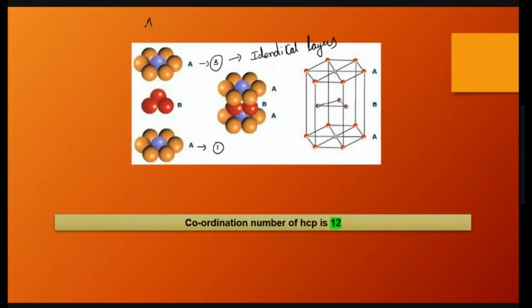This arrangement is ABA type of arrangement. Coming to the coordination number over here, forget about this 12. Don't look at this 12 now. We'll understand it later. First I'll draw a simple diagram and make you understand.